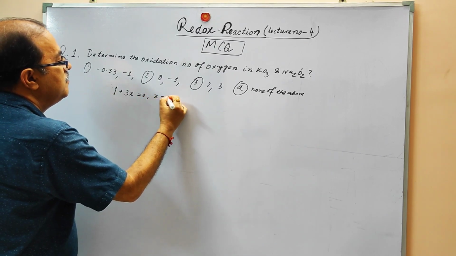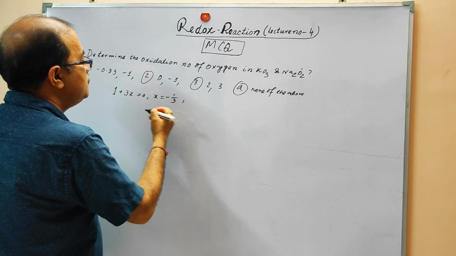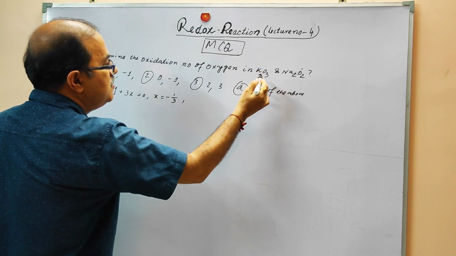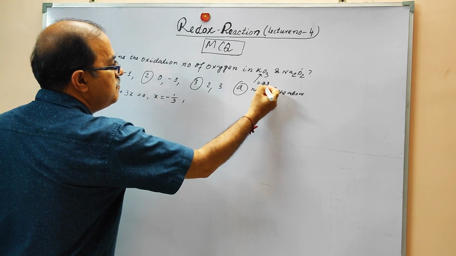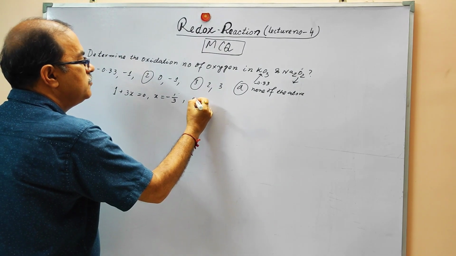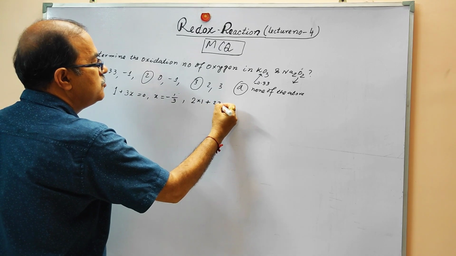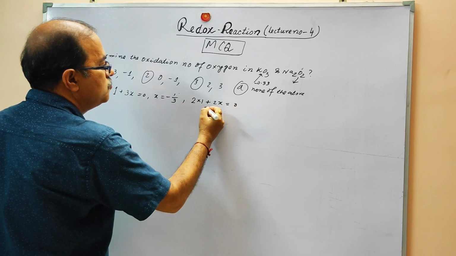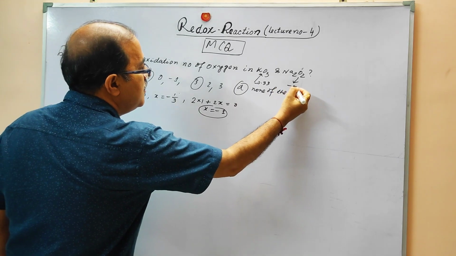So X = -1/3, that is -0.33 for oxygen in KO3. And for Na2O2, sodium is 2 into 1 plus 2 into X for oxygen, and that is also 0. Solving it, we get -1. So it will be -1.